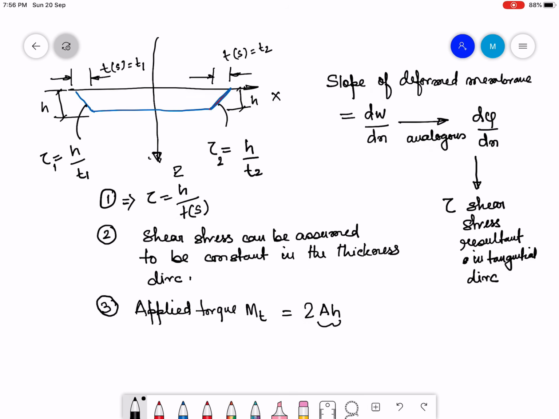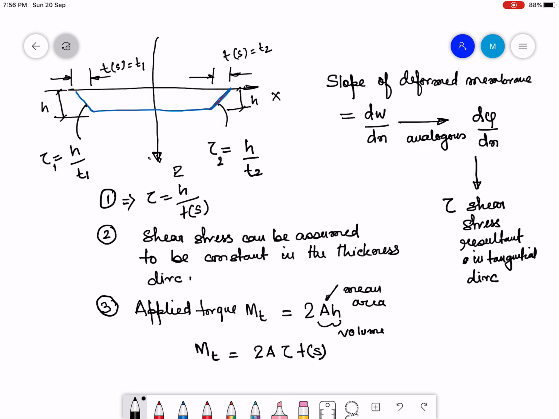This is equal to volume, and A is the mean area, okay, or the area enclosed by the center line of the membrane. Okay, so we can say this. Now if we can say this, we can further say that mt is going to be 2A. H can be replaced as tau into ts.